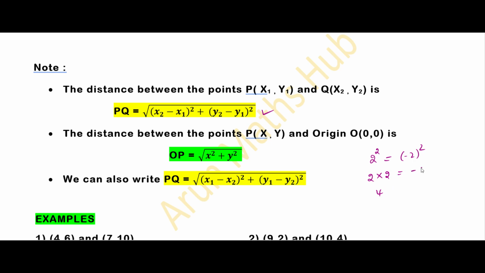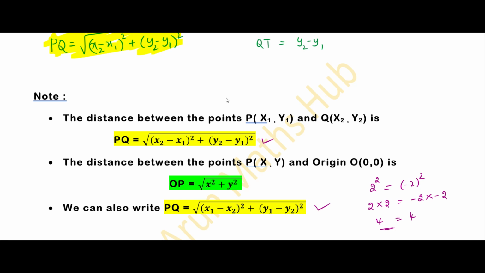The same way, minus 2 square is minus 2 into minus 2, minus into minus is plus, 2 twos are 4. In the same way, x2 minus x1 whole square or x1 minus x2 whole square remains the same. Hence, both the formulas can be used to solve the problems.